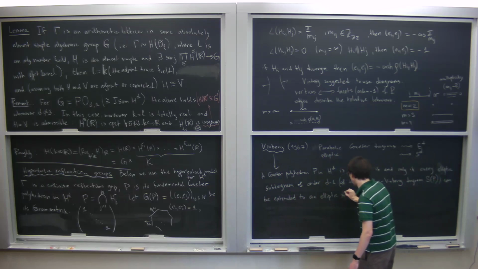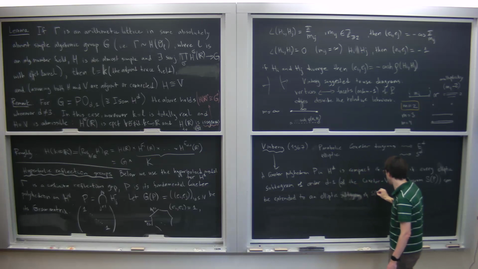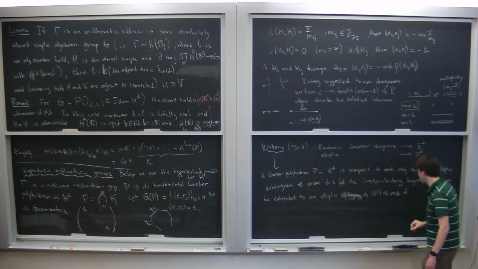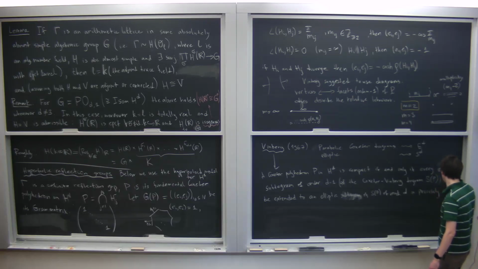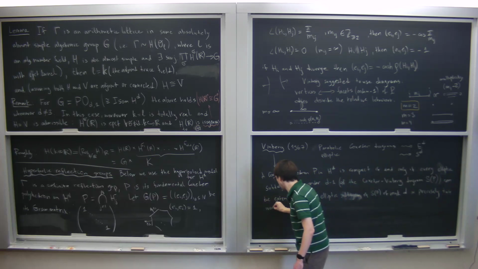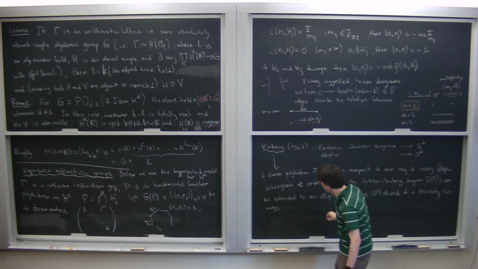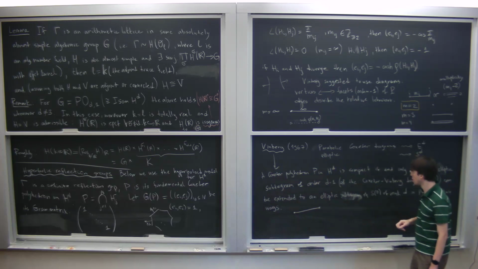To an elliptic subdiagram of S of P of rank d in precisely two ways. This means that every edge has two compact vertices.